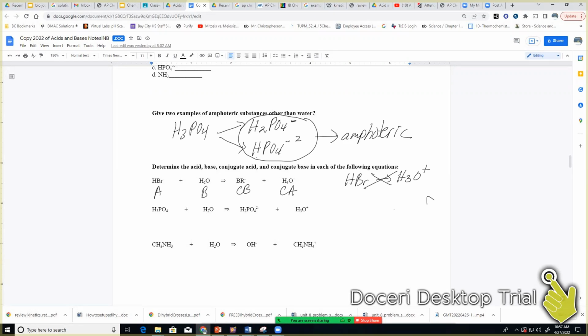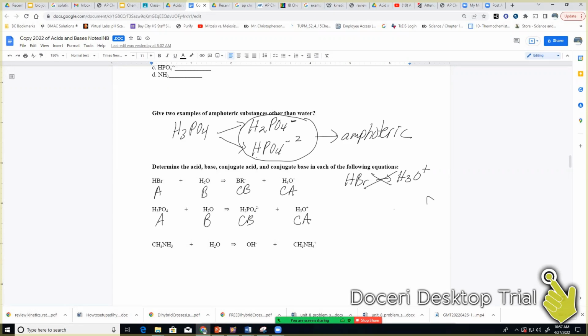All right, my next one, H3PO4 phosphoric acid would be A, and that makes my water my base. So over here, my H2PO4 would be the conjugate base, which means this would be the conjugate acid.